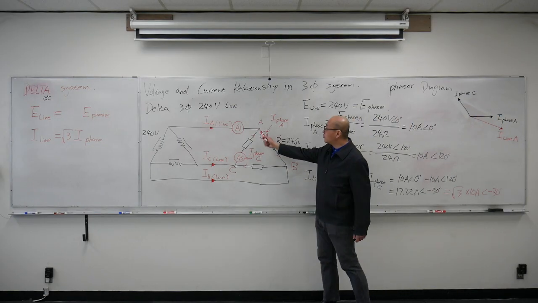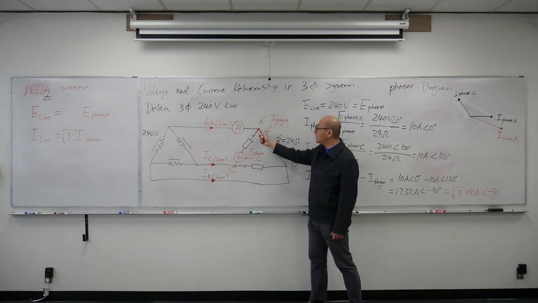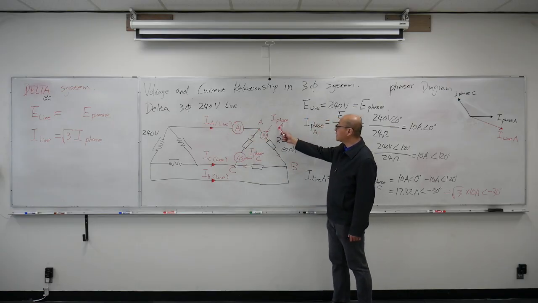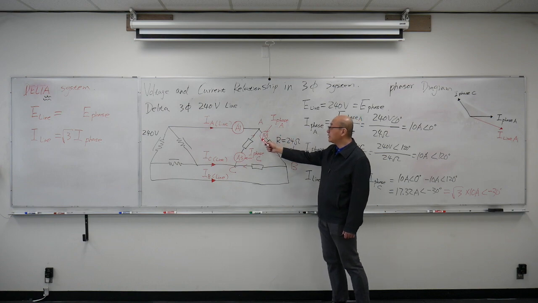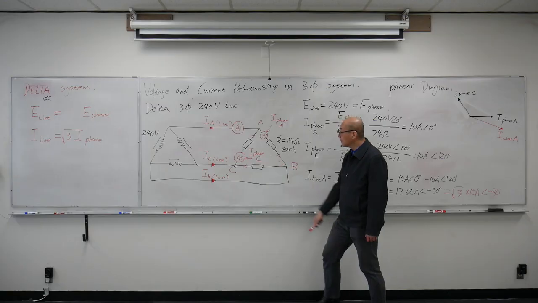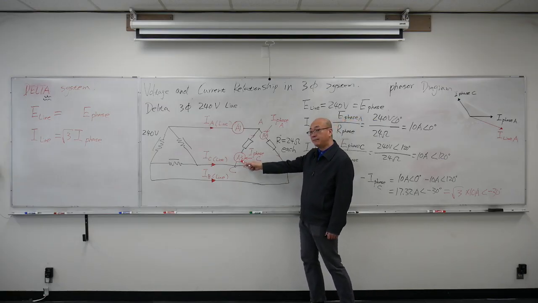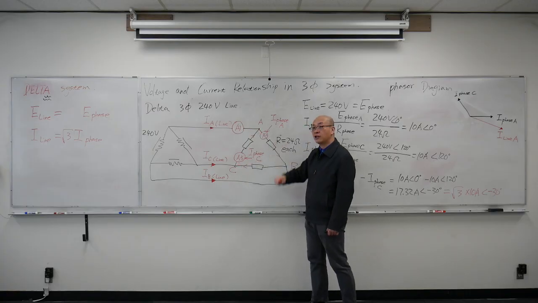Now we look at this junction down here. My line current for line A is going into this junction. My phase current for phase A, which is measured by this ammeter, comes out from this junction. My phase current for phase C, which is measured by this ammeter, goes into that junction.